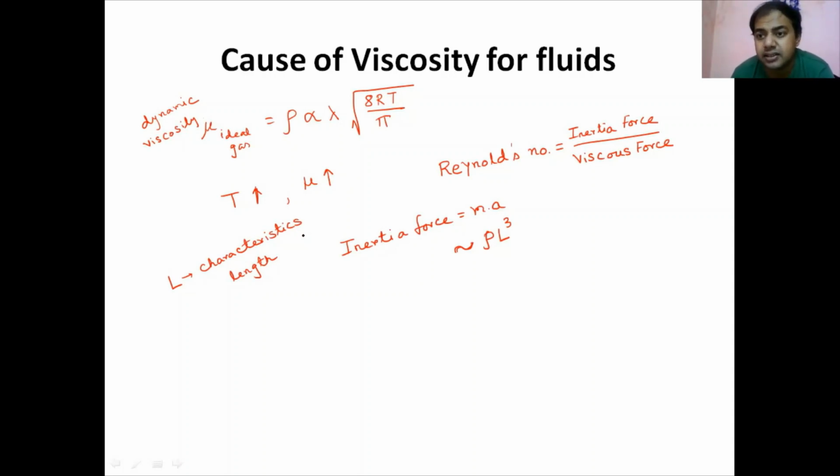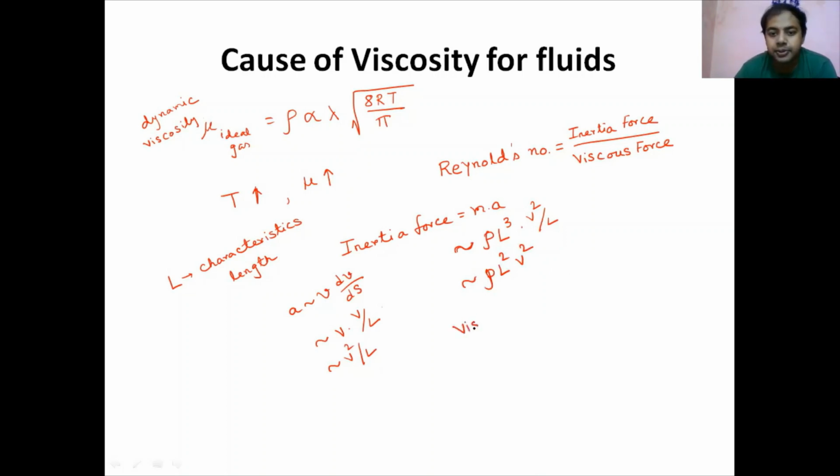And the acceleration term we can write as V dV/ds, simply V for velocity times another V, so we can write it as V squared by L. So rho L squared V squared is the inertia force.